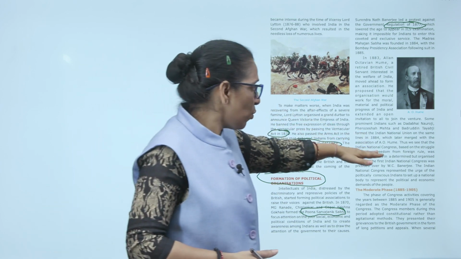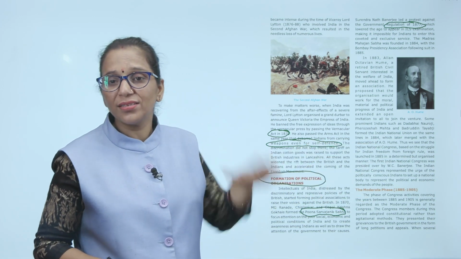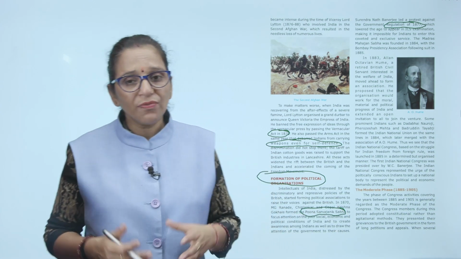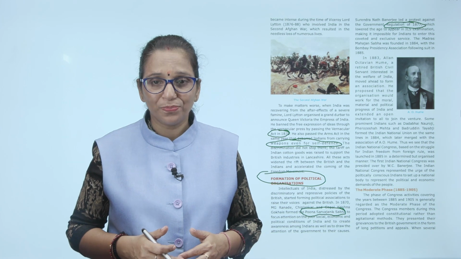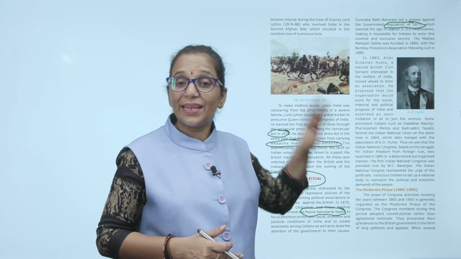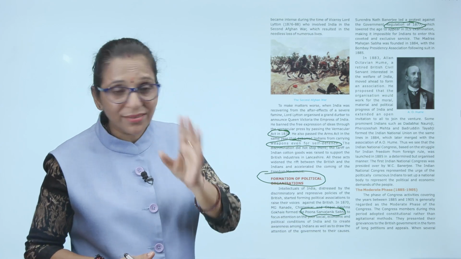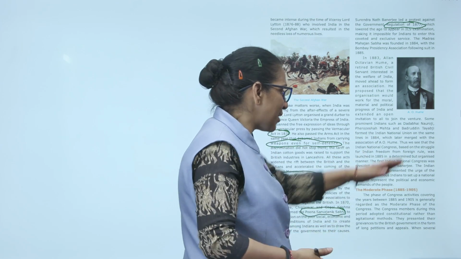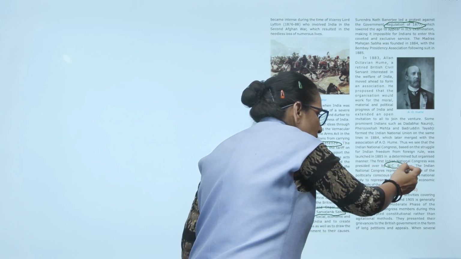Means the Indian National Union of 1884 merged into the A.O. Hume Association, the Indian National Congress, and now they started to struggle for the freedom of India, to fight against the foreign rule. So it was formed in 1885, and the first president of INC was Womesh Chandra Banerjee.